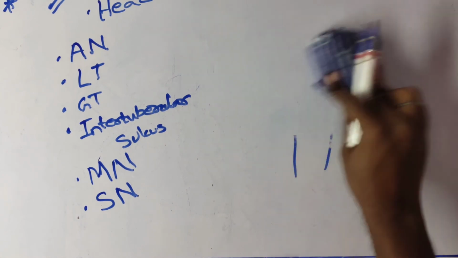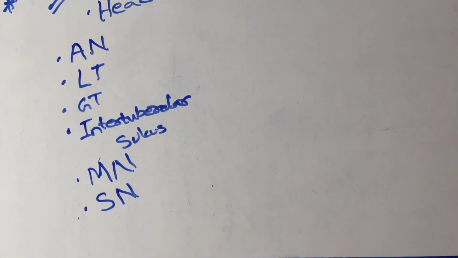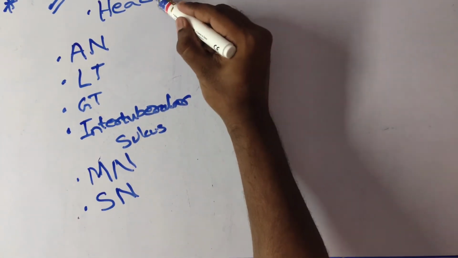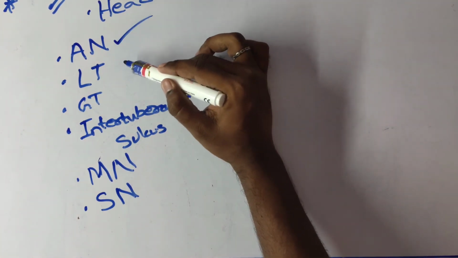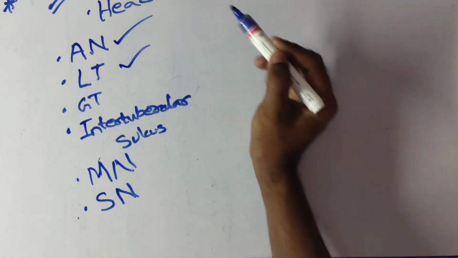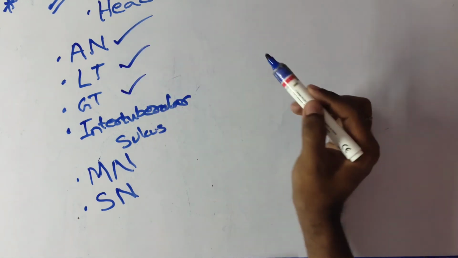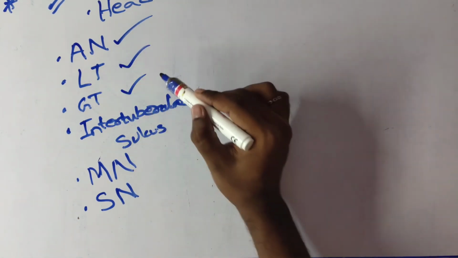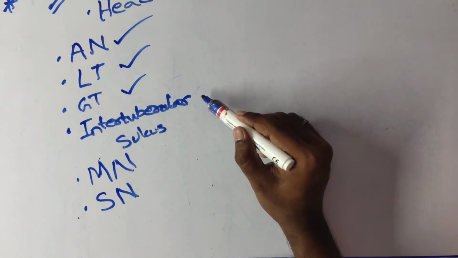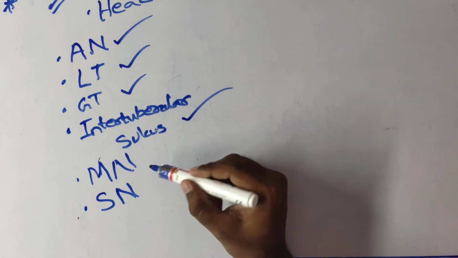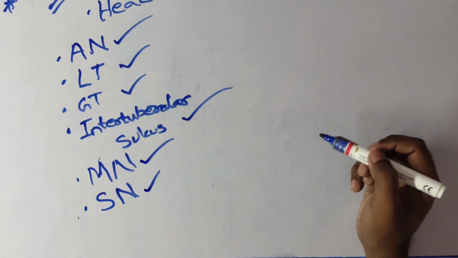I repeat the upper end. First we have head. Next, anatomical neck, which separates head and rest of the body. Next, lesser tubercle. Next, greater tubercle, and then intertubercular sulcus, morphological neck, surgical neck.